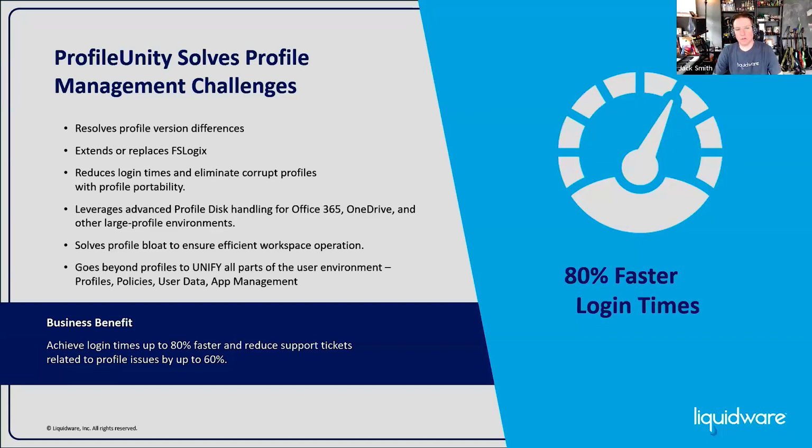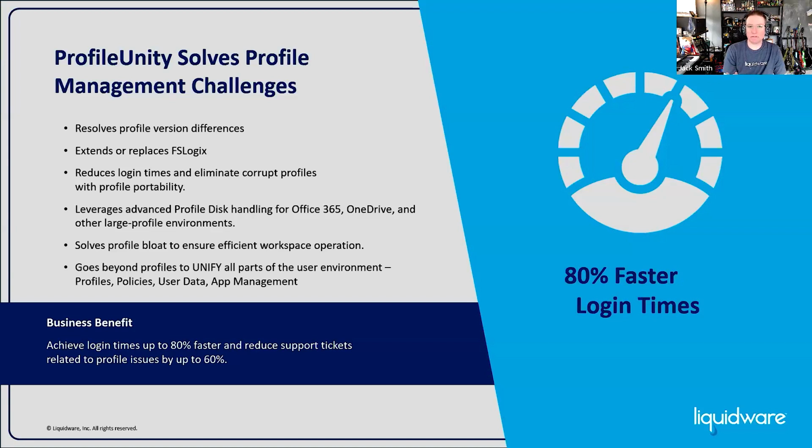So ProfileUnity and what they do. Well, the big one really is migrations, right? A part of migrations. So we like to say profile management, the side effect of profile management is being able to roam the profile or migrate the profile. Because of the way we do the profile management, we're not moving the NTUSER.DAT hive around. We're not trying to do anything like that.